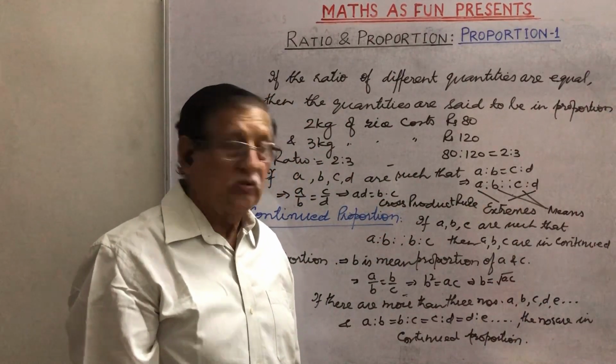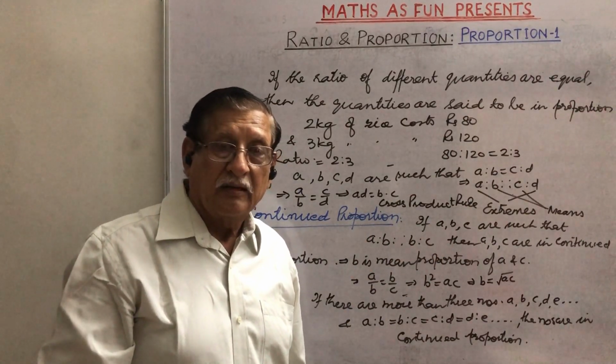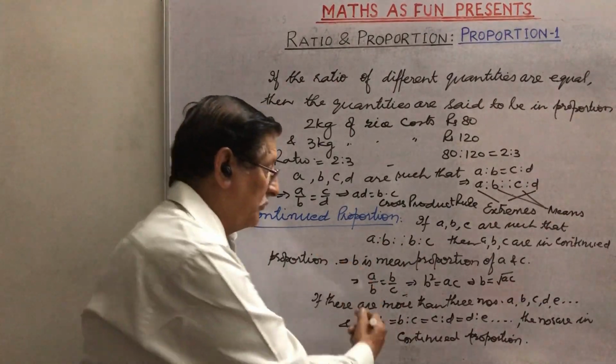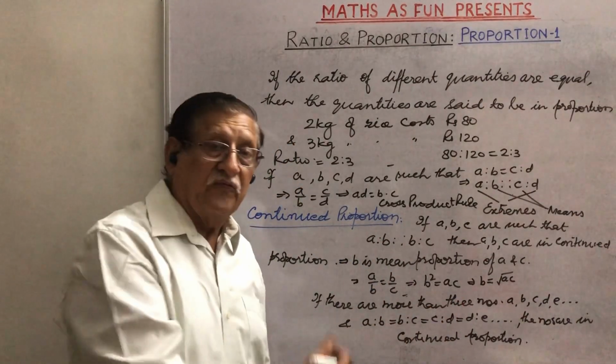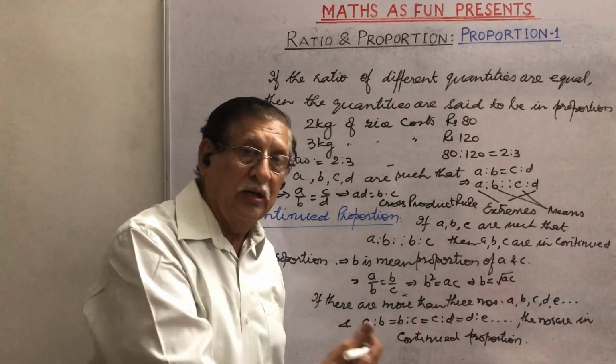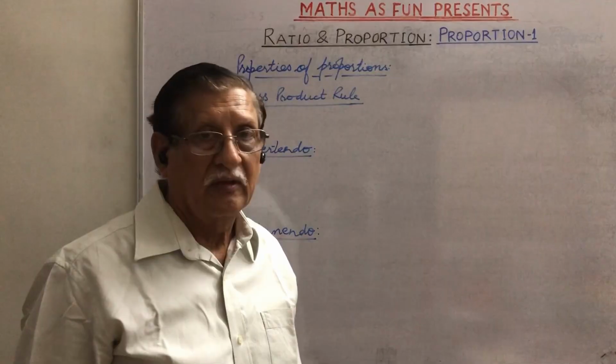So in case we have three numbers in continued proportion, like A, B, C, then B square is equal to AC. But if we have more than three and we find that the continued ratios of two in pairs are equal, then they are said to be in continued proportion.